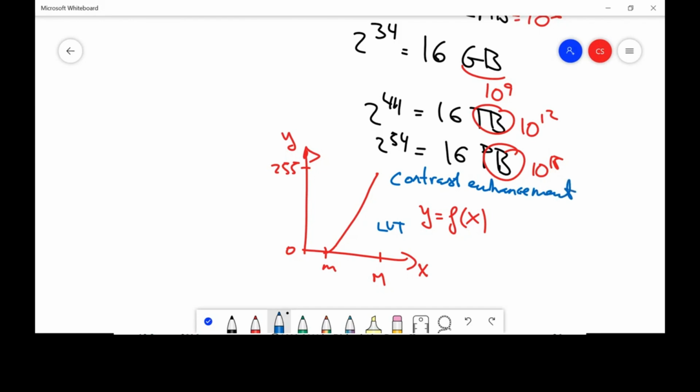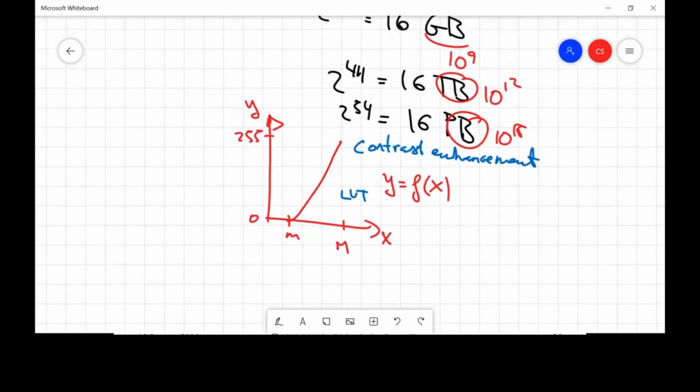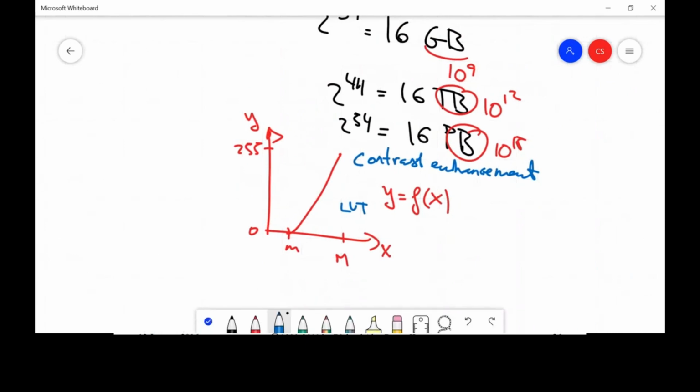What about dark enhancement? I want to construct a transformation that highlights or makes more differences in the dark region. It has to do with the slope.